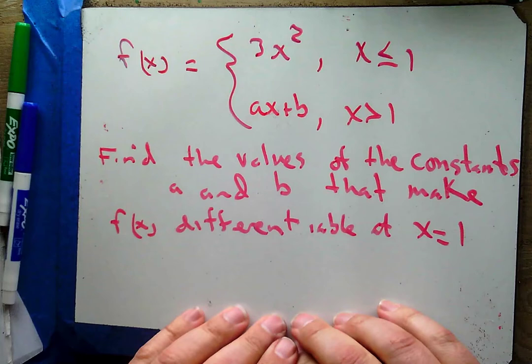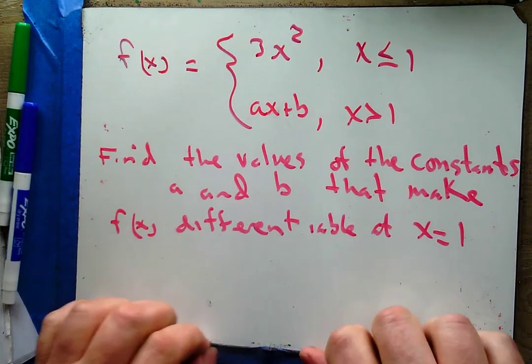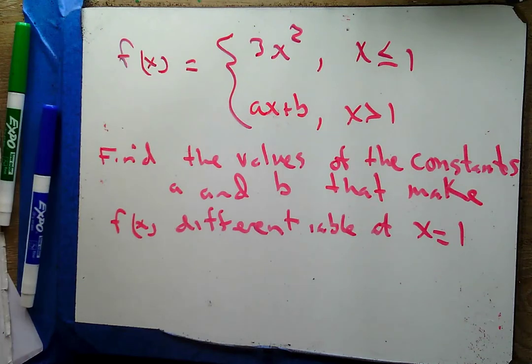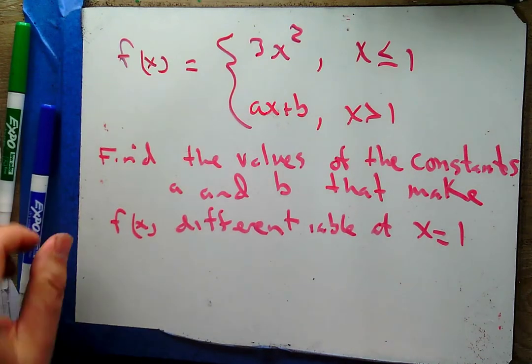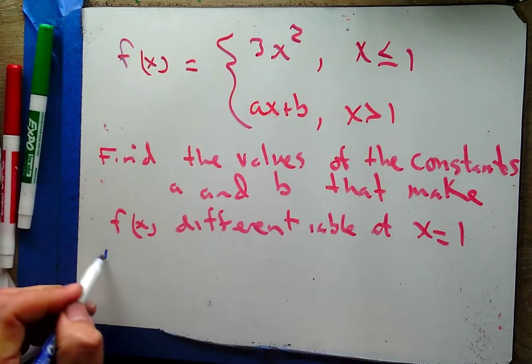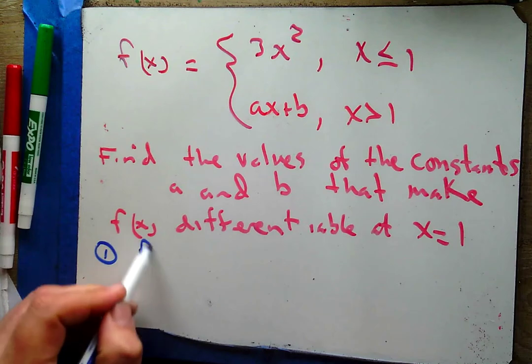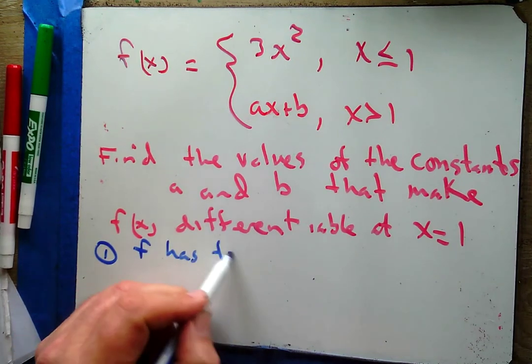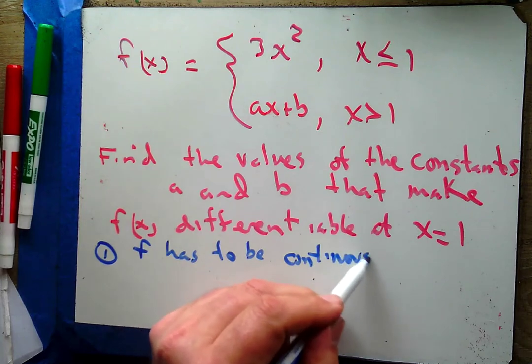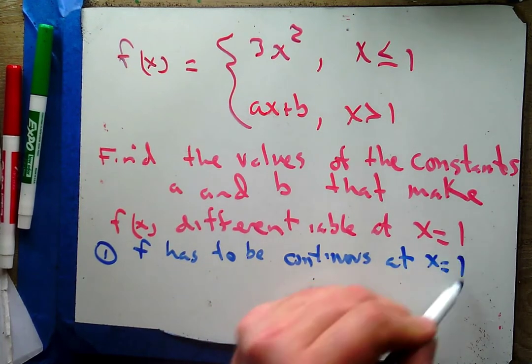Because it gets a little practice with derivatives, but it also has us remembering about differentiability that we talked about earlier in chapter 3. So in order for the function to be differentiable at a point, we said two things have to be true. First, f has to be continuous at x equals 1.